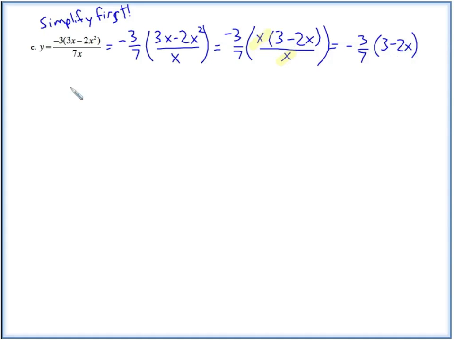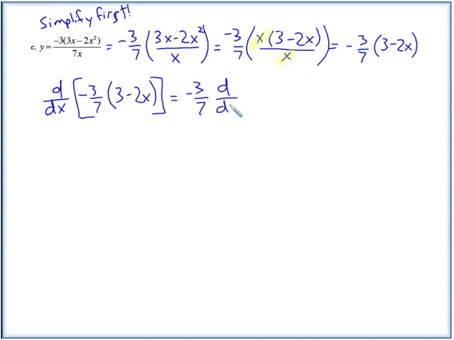Now, if we're taking the derivative of this function, here's a case where we have a constant multiple out in front. So remember, we can pull that out in front just like so.